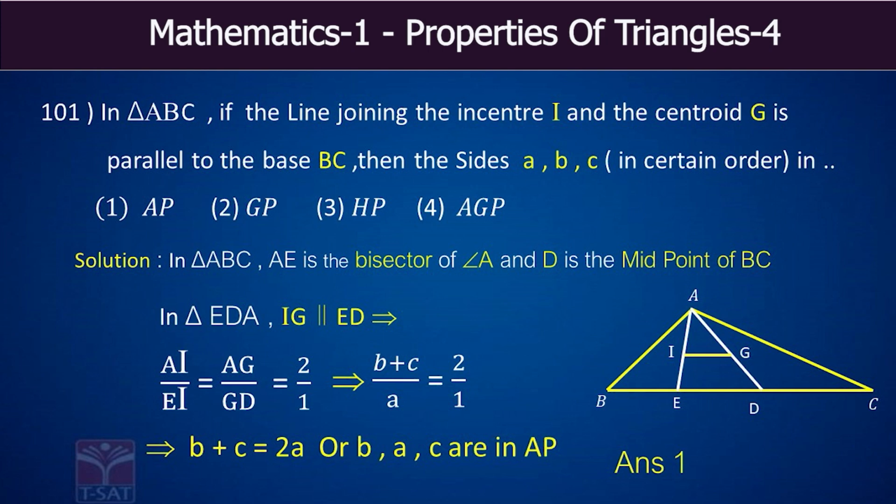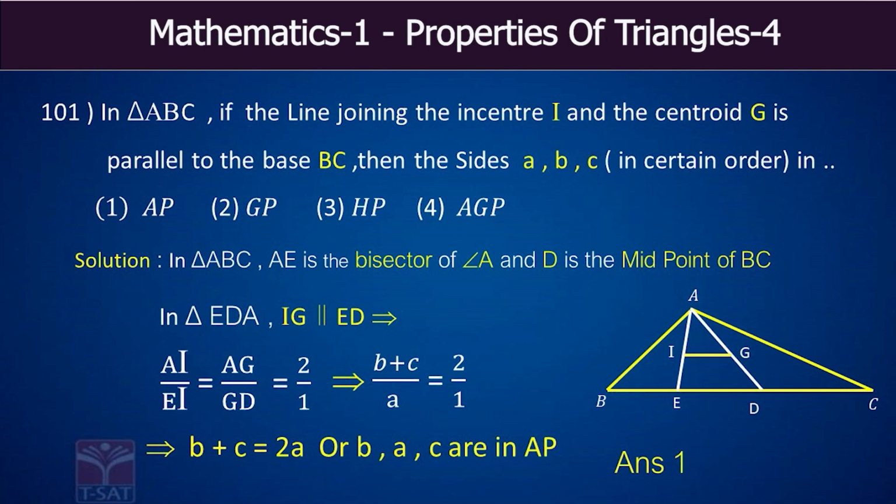101. In triangle ABC, if the line joining the incenter I and the centroid G is parallel to the base BC, then the sides a, b and c in a certain order are in: 1) AP, 2) GP, 3) HP, 4) AGP. Solution: in triangle ABC, AE is the bisector of angle A and AD is the median to BC.